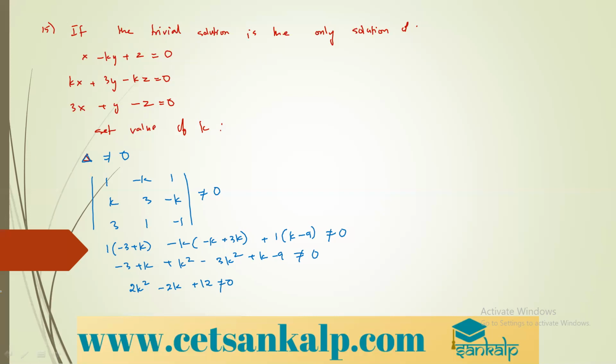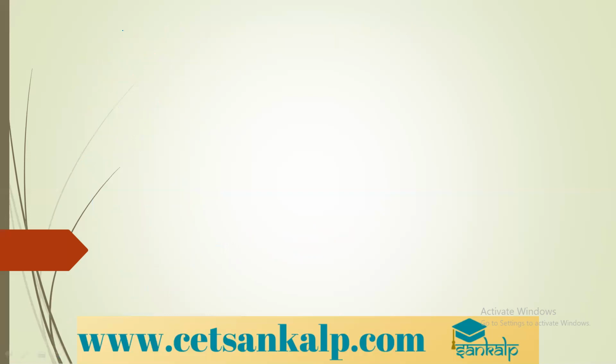Yeah, correct. Sorry, we are correct. So k square minus k plus 6 not equal to 0. k minus 3 into k plus 2.